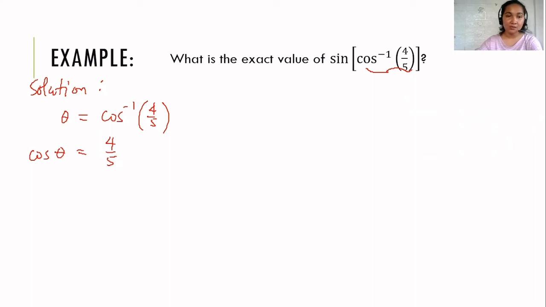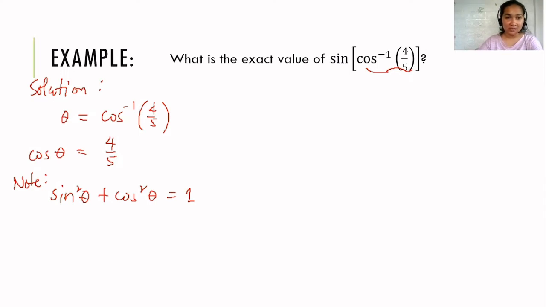We can use the Pythagorean theorem in finding the exact value of this expression. Note that sine squared theta plus cosine squared theta is equal to 1, or we can say y squared plus x squared is equal to 1.